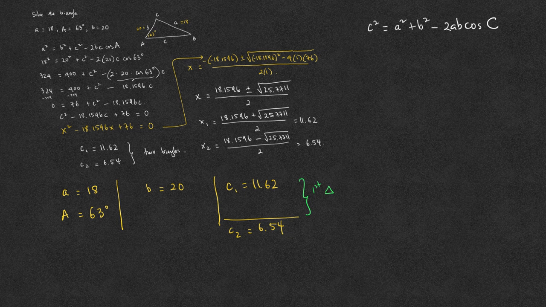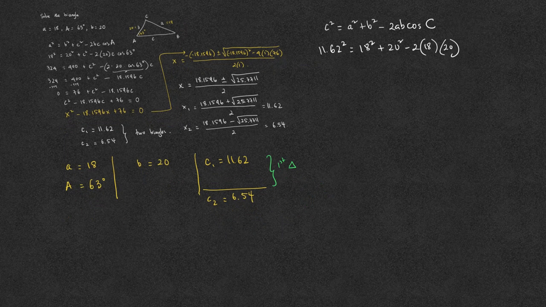The lowercase c, we found it was 11.62. The lowercase a is given, 18. The lowercase b is given, 20. Minus 2, a is 18, b is 20, then multiply cosine of C. We then simplify this.